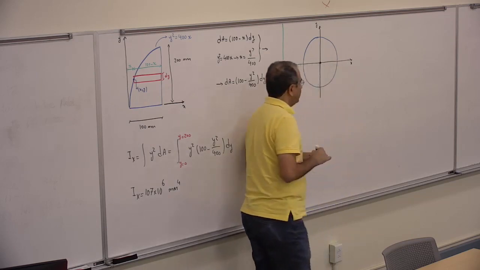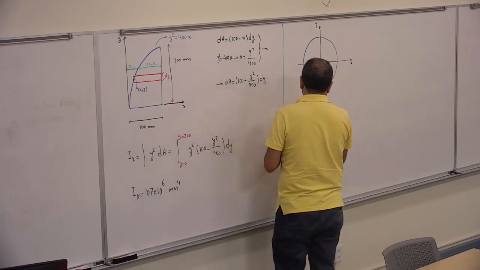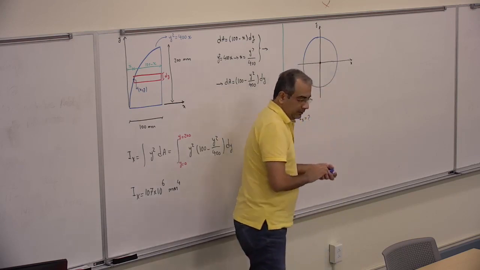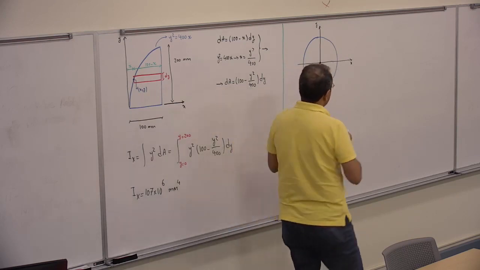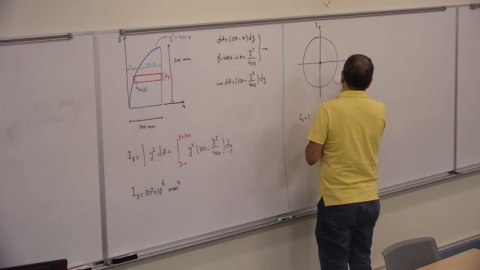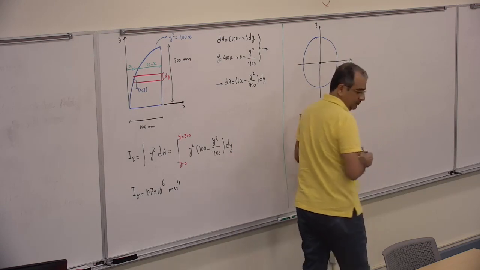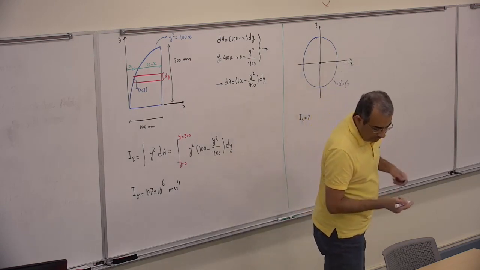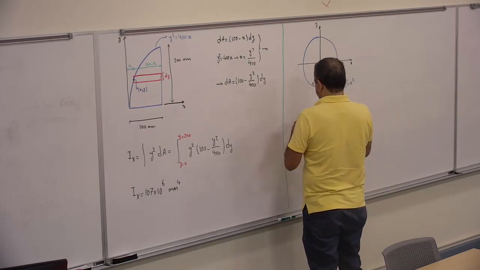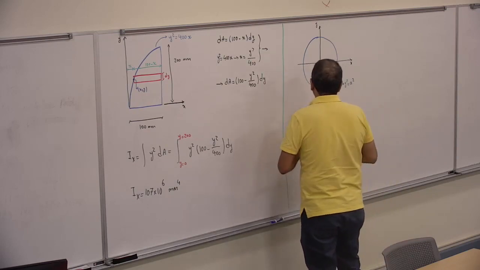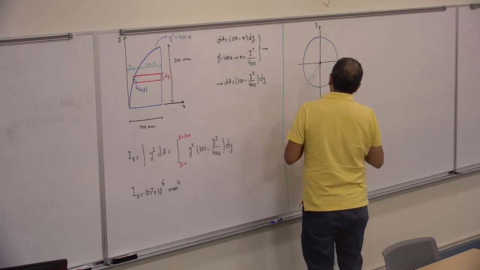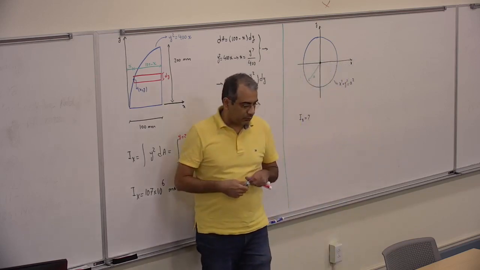I want to find the I about x. So the equation of the circle, x squared plus y squared equals r squared. Call it a, so it's a squared. So a is the radius.